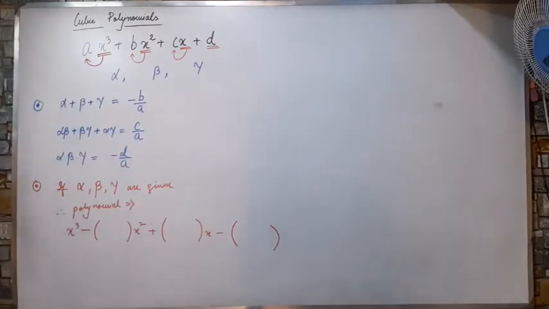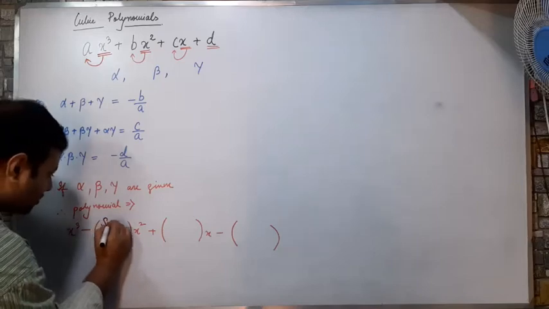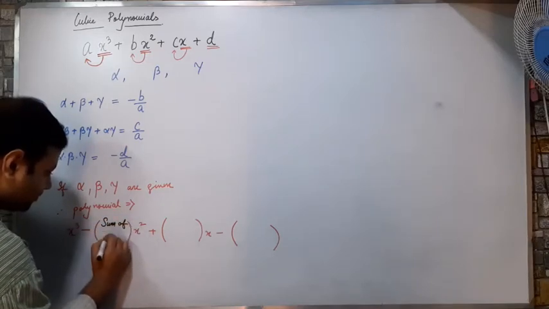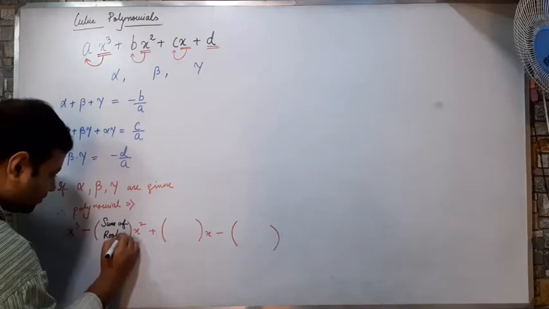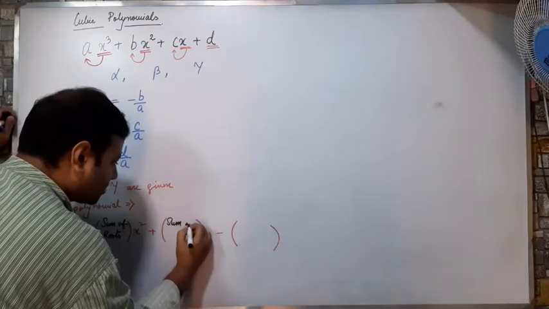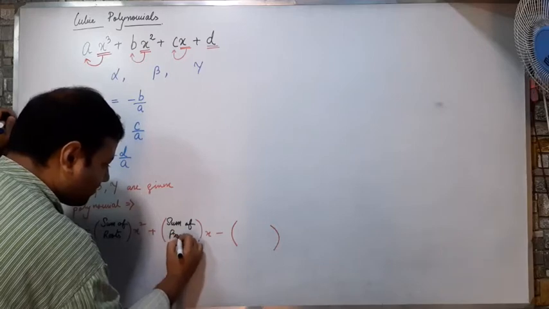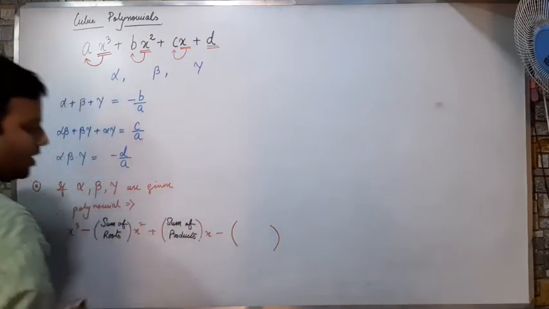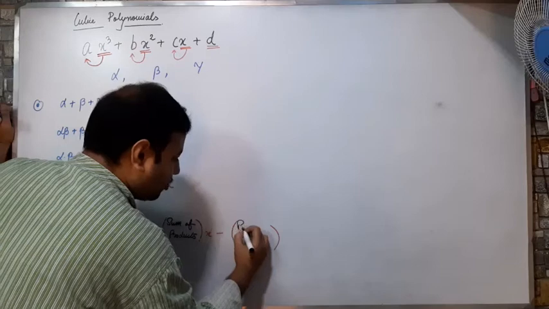Now what to put in these brackets? The first one will be sum of roots. The second one will be sum of products. And the third one will be product of roots.